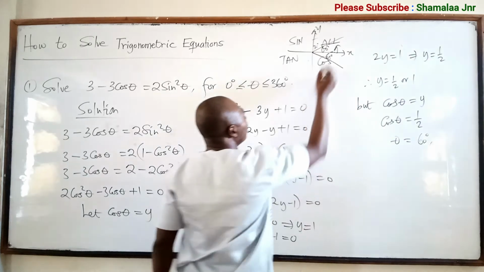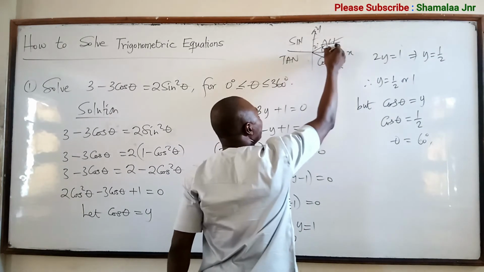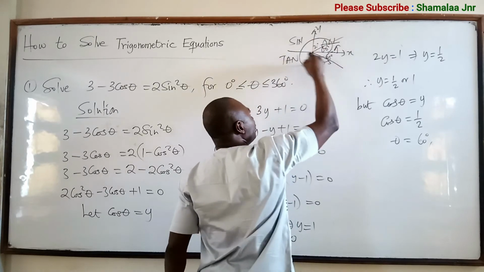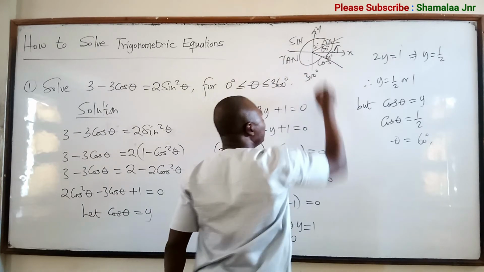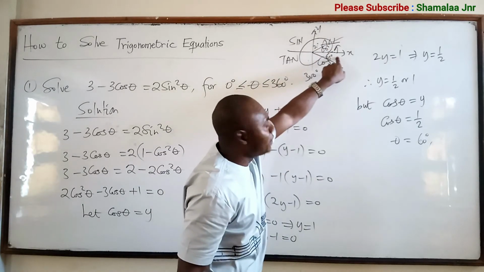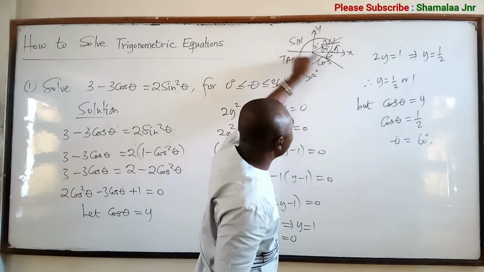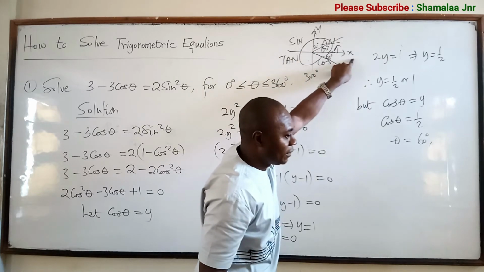So that angle from here to here should be 300. From here to here should be 300 degrees, so that we have 60 degrees, which is the angle between this one and the positive x-axis.